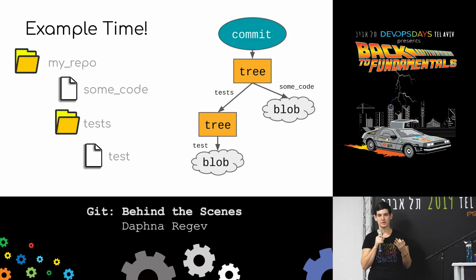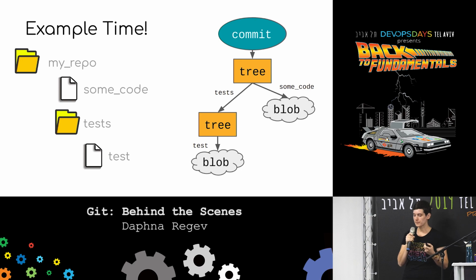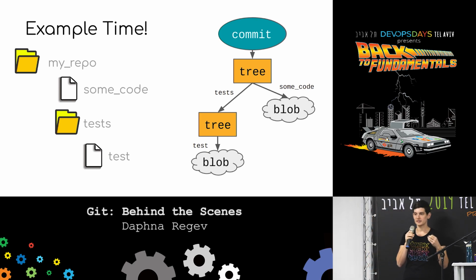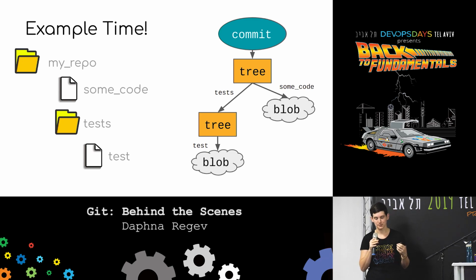And afterwards is the commit, which is probably the first object that most people that work with Git will actually know. And the commit points at the top level tree of our repository. And it's really a snapshot of the way our work was at a certain moment in time.